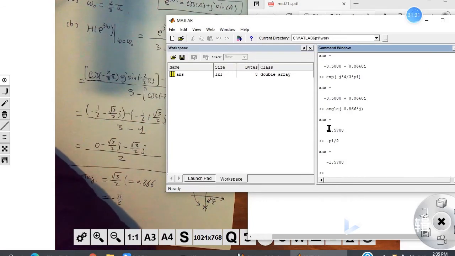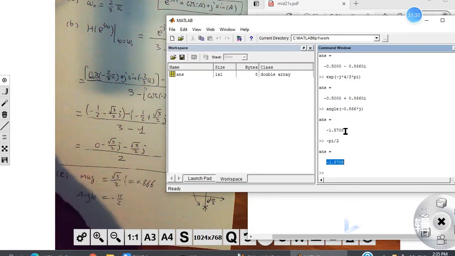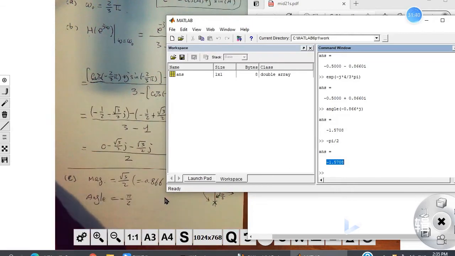Same number, right? This is the phase angle, negative pi over 2. Alright, so this is part C.